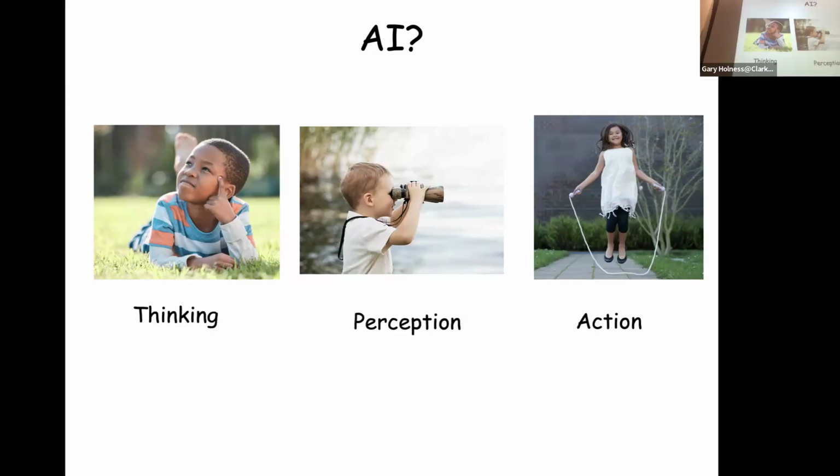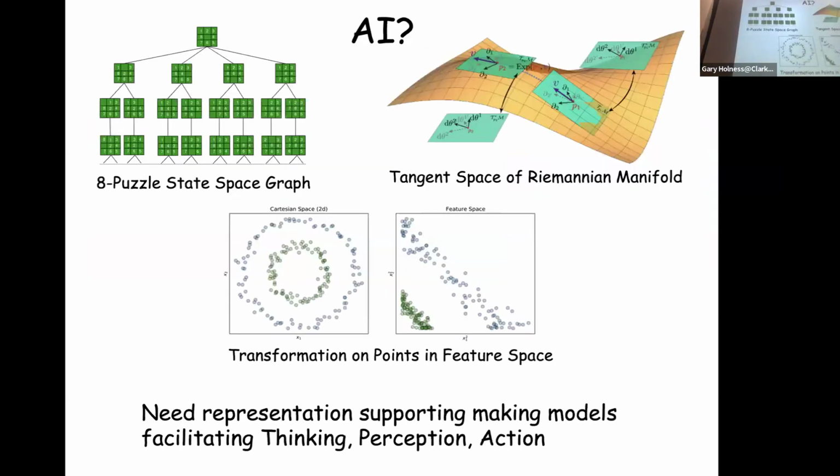Your mechanism can live purely in software, and an action would be doing something purely in software. It could be sending a message over a network or measuring, for example, the flow of packets through a router. And so to support these models, you need a representation. You need a way of formulating the scenario over which you're going to be doing this thinking, perception, and action.